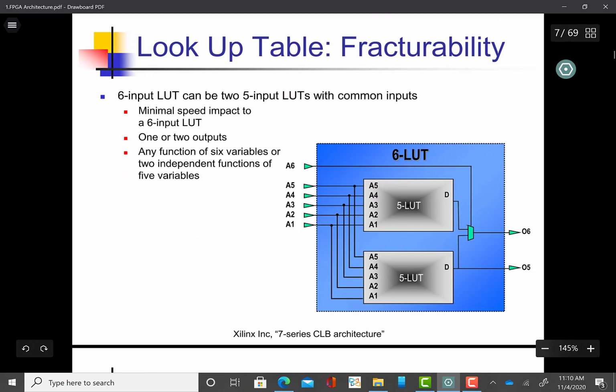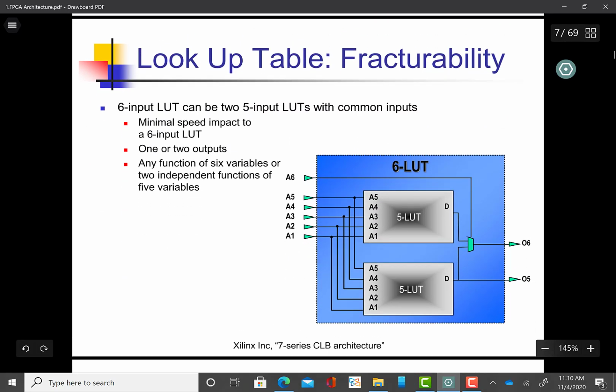Now, as I told you before, in practical commercial FPGAs, we have lookup tables which have more than 2 inputs. For example, in Xilinx 7 series FPGAs, all the lookup tables are 6 input and 2 output.